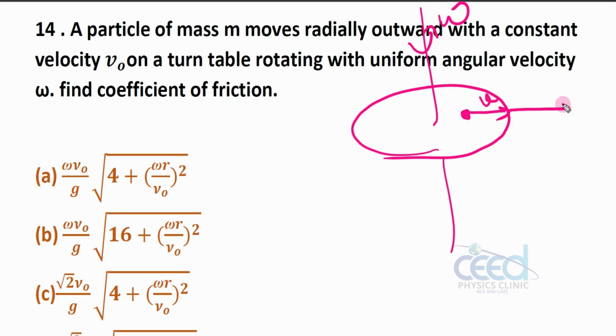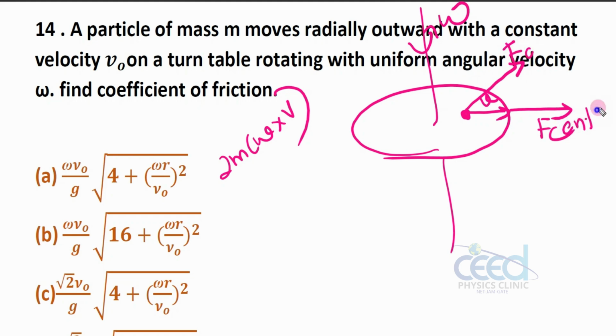One is the centrifugal force, another force is 2m omega cross v. That means this is the omega direction, this is the velocity direction. Perpendicular to that is another force, the Coriolis force. This is centrifugal. Now in this direction the Coriolis force acts. We studied the theoretical discussion, right? So what is the resultant force between these two perpendicular forces?